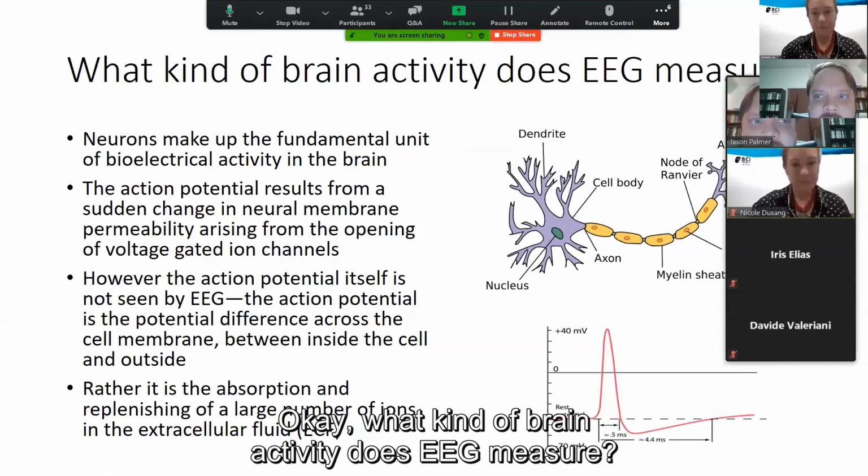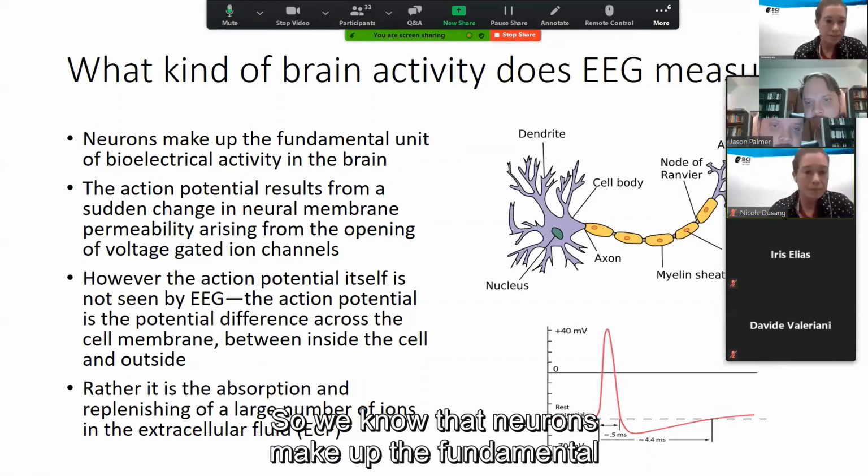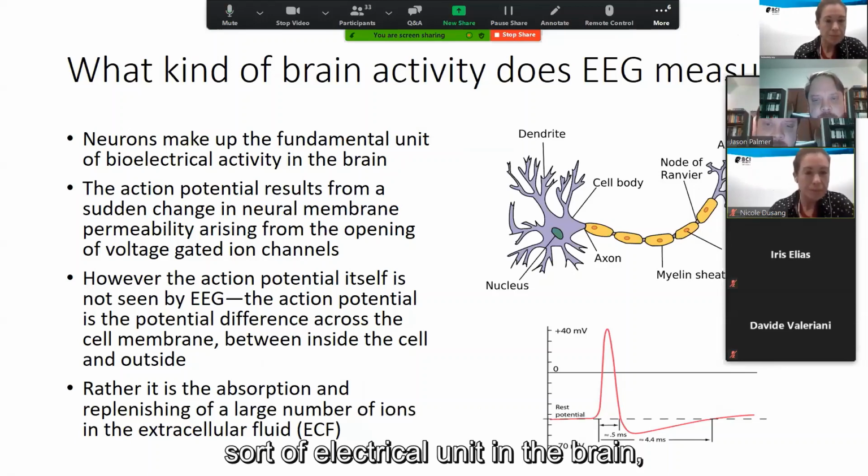What kind of brain activity does EEG measure? So we know that neurons make up the fundamental electrical unit in the brain.